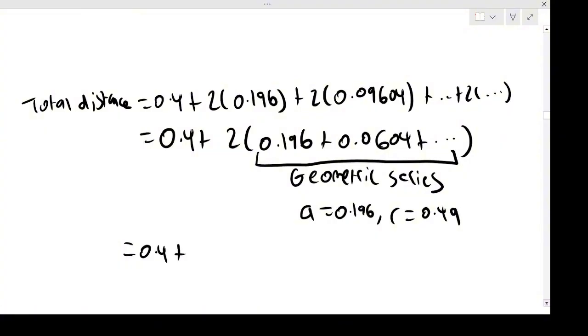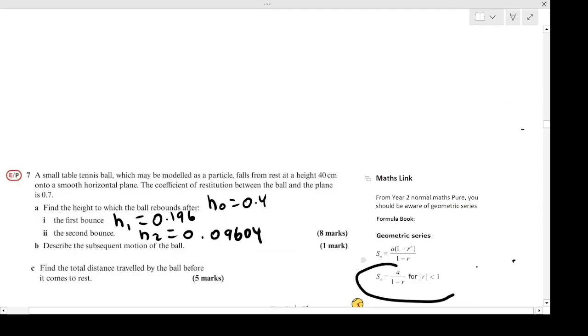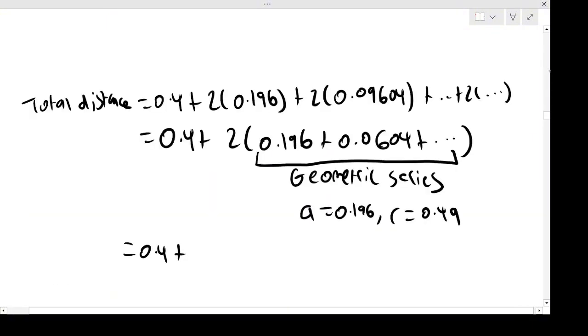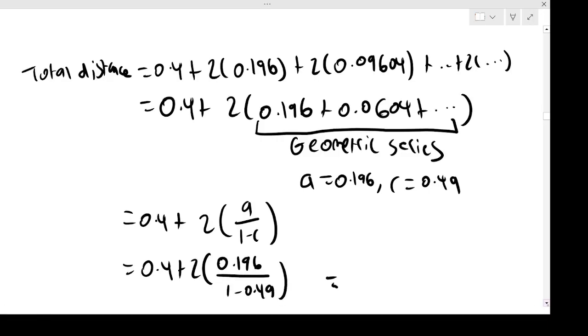Now remember, this is going to be an infinite series. So think back to normal maths. We're going to want to use the sum to infinity, so that's going to be A over 1 minus R. In this case, it's going to be 0.4 add 2 lots of 0.196 over 1 minus 0.49. And so if I work all that out, I get my total distance, okay?